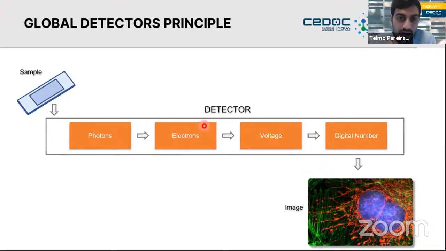Then the charge, or the number of electrons, is converted into a voltage, and this voltage is converted into a digital number. Generally, this is done in an analog to digital converter, part of the detector. This digital number is then sent to the computer, and the computer will show you the image. This is what generally happens in all the detectors that I will show you in the next slides.